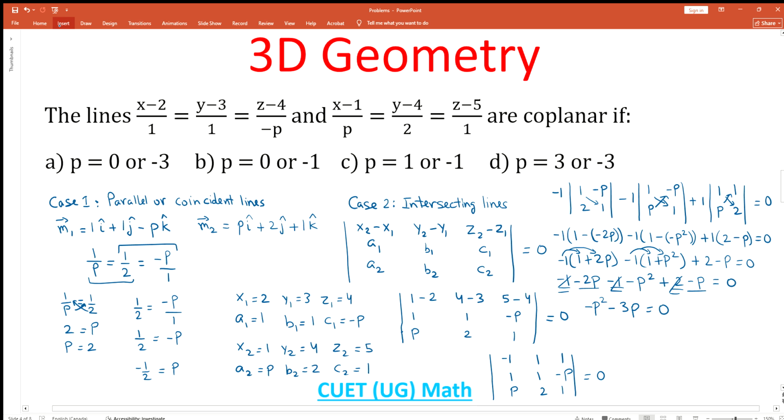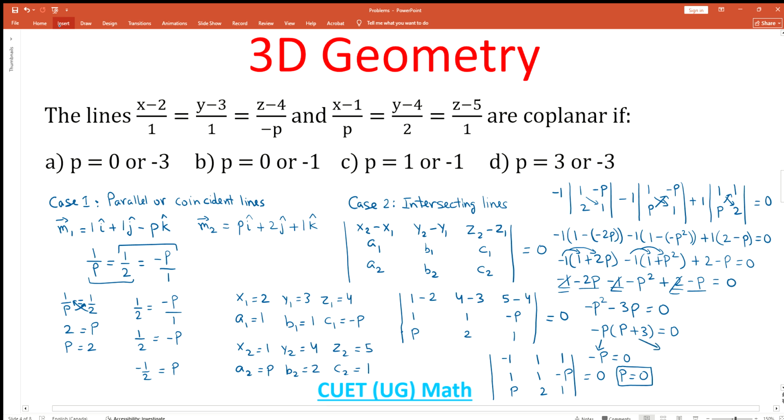Next, we can factor out negative p from both terms. I get negative p times (p plus 3). We can find the value of p by setting each factor equal to 0. From the first factor, I get p equals 0. That's the first value of p.